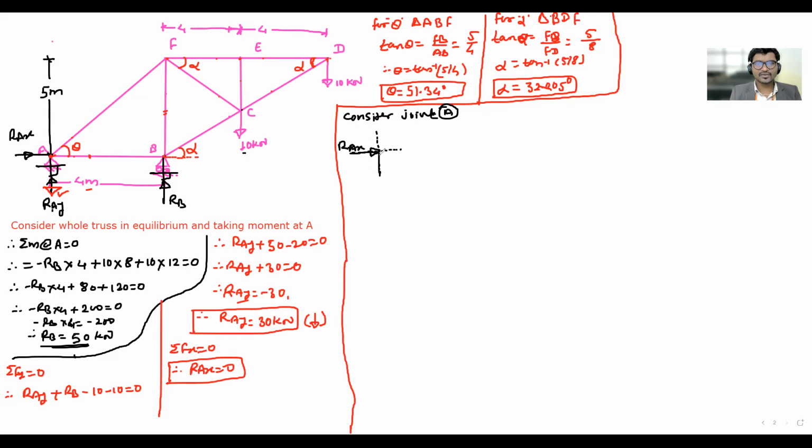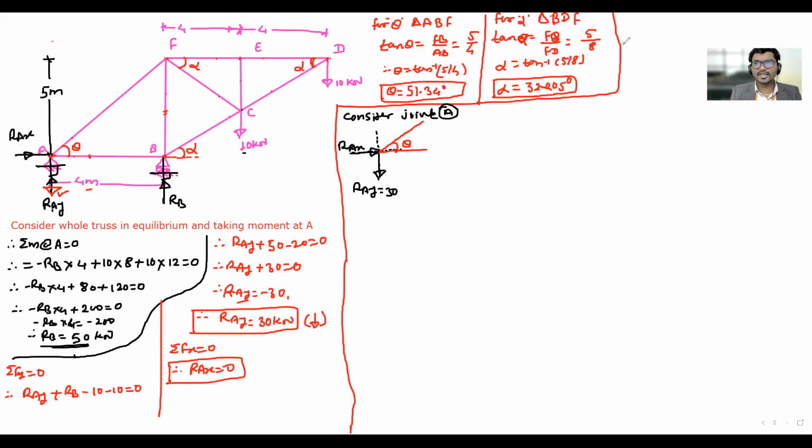This one is RAY, vertically down. RAY is 30 kilonewtons, and we have two members. One of them is horizontal and the other one is inclined, whose angle theta is 51 point something.